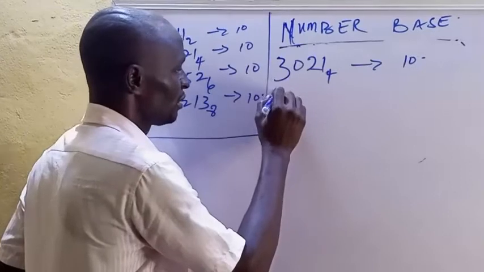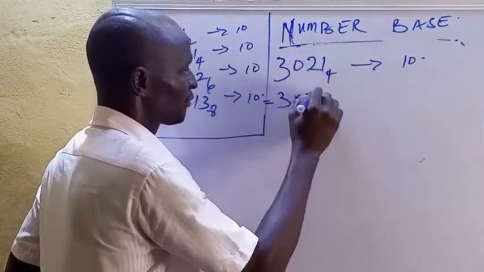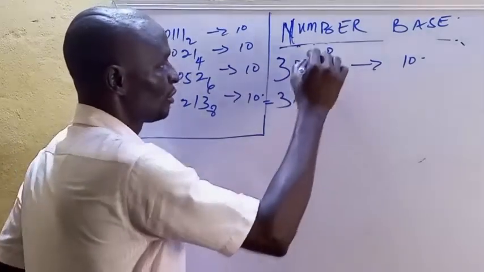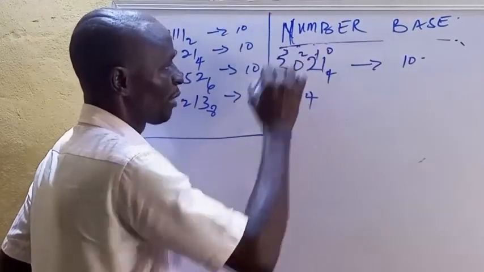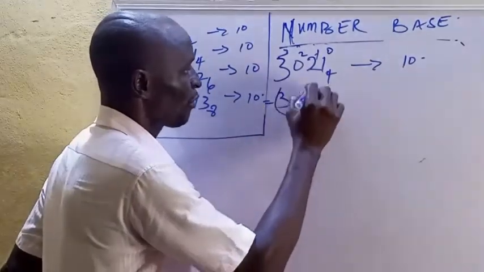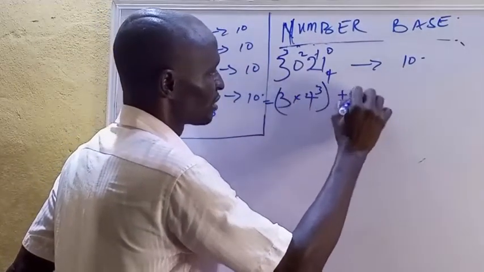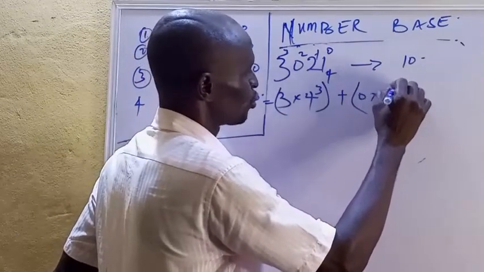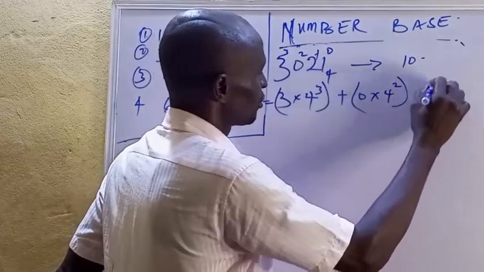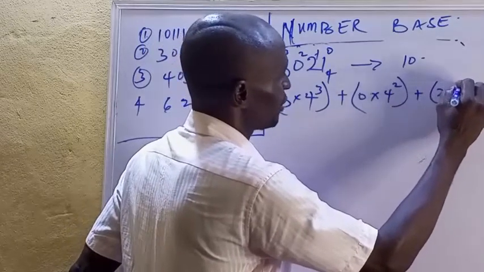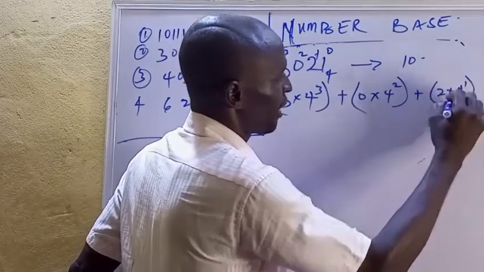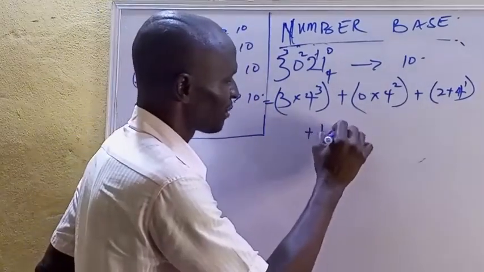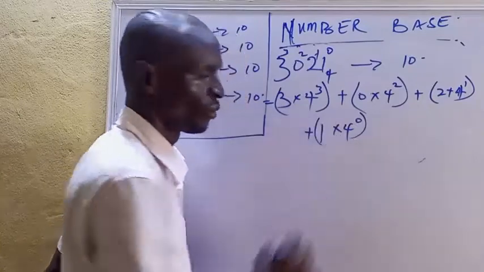It becomes 3 times 4, okay, we're raising to power of 0, power of 1, power of 2, power of 3. 3 times 4 raised to power 3, plus 0 times 4 raised to power 2, plus 2 times 4 raised to power 1, plus 1 times 4 raised to power 0.